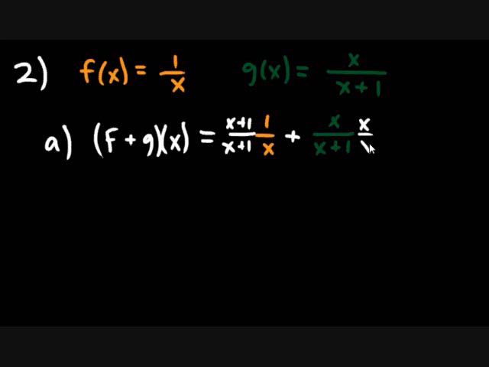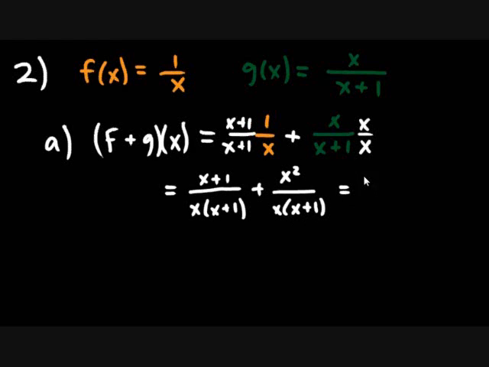And we get x plus 1 over x plus 1 times x plus x squared over x plus 1 times x. Because they have the same denominator now, we get x plus 1 plus x squared over the denominator, which is x times x plus 1.